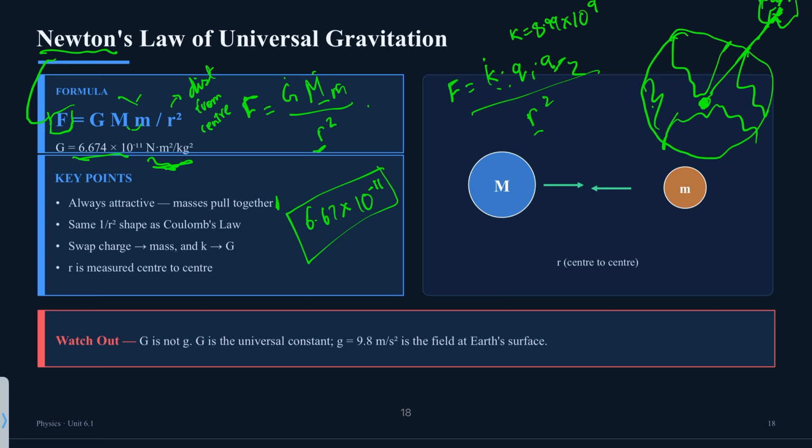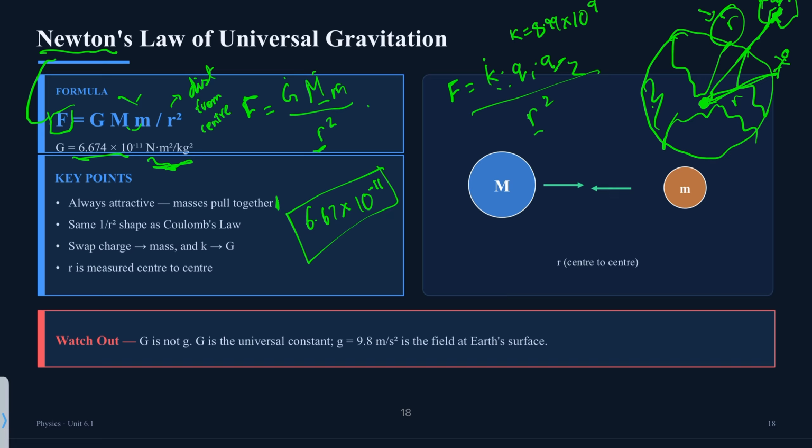Okay, their centers of mass. So that's what we're going to plug in for R. Similarly, if you were standing on the Earth, it would just be the Earth's radius. But here it would be obviously something larger.